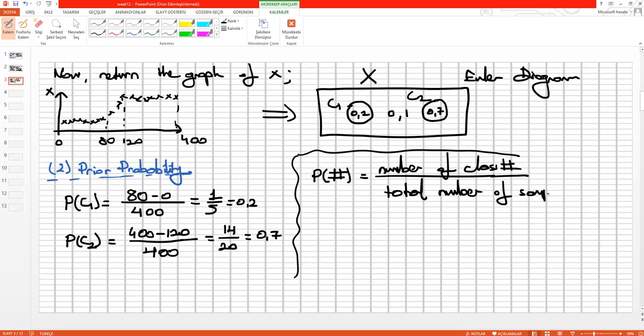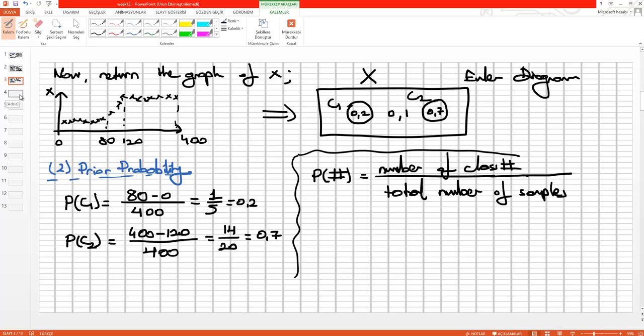But this is only a guess of the application; it may be different from another one. This information cannot be selected by the user, but the estimation of the probability is affected by these choices. You need to build this prior probability in order to create the Euler diagram. So these are the initial probabilities for C1 and C2.